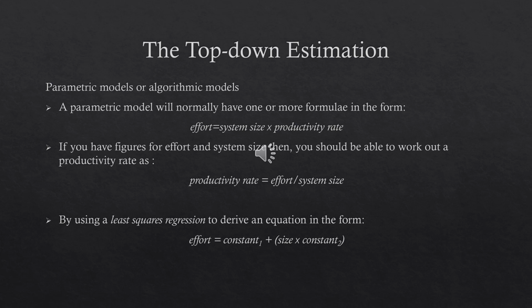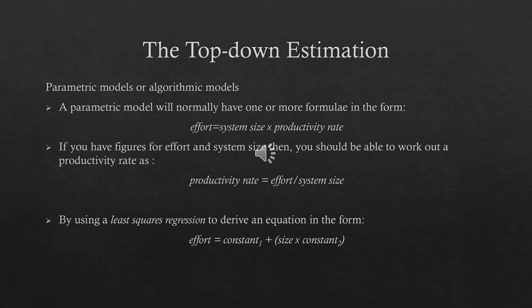So an equation can be formed as effort is equal to a constant plus size into another constant. Since we are using two different constants, the first constant I have named with suffix 1 and the second constant with suffix 2. So effort is equal to constant 1 plus system size into constant 2.